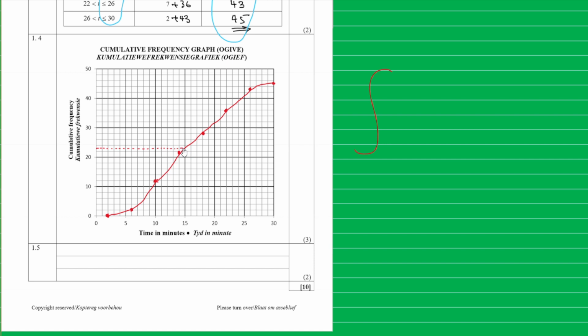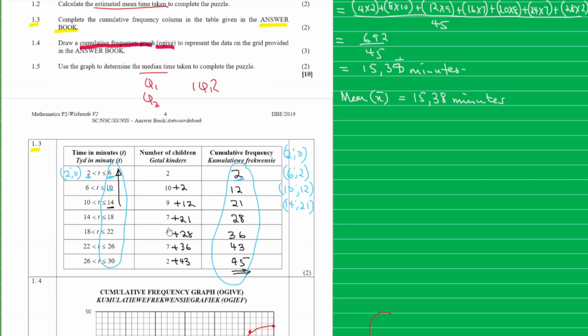Use a ruler, and then when it meets the graph, then you drop down. All the quartiles, you read them from the x-axis. So from here, according to my sketch here, it looks like 15 is the median.